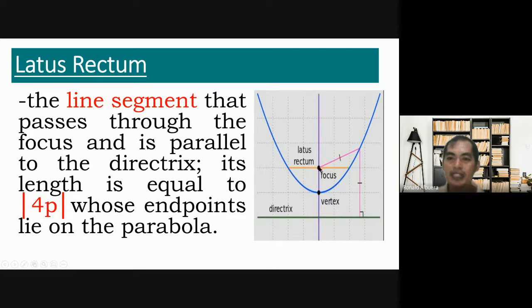Because P is the midpoint of the latus rectum, it means going to the left is twice of P and going to the right is also twice of P. Kaya meron tayong formula for the latus rectum as 4P. Take note, its absolute value. Okay? Ang endpoints ng line segment of the latus rectum, of course, nasa parabola.